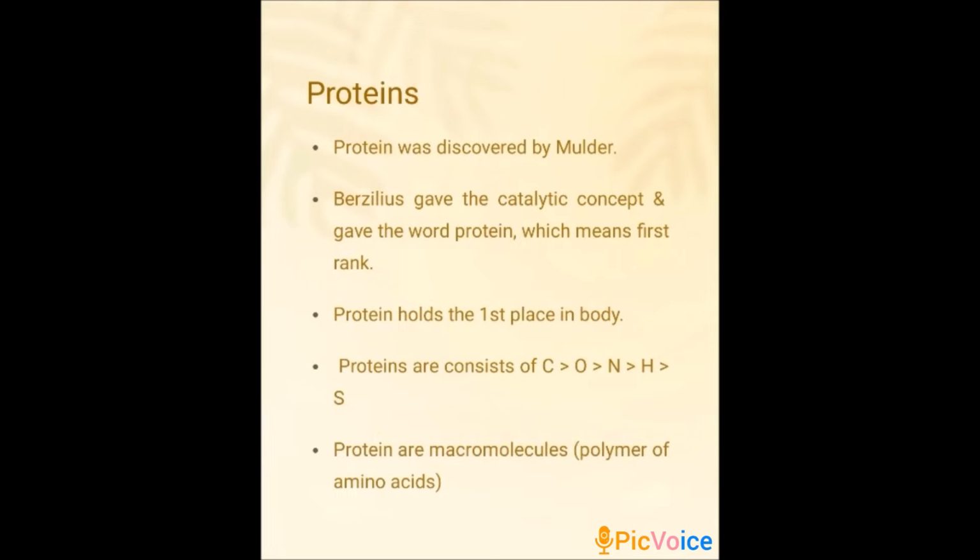After that, protein holds the first place in the body, so that is why he gave the name protein. And protein consists of maximum carbon and then oxygen, nitrogen, hydrogen and sulfur. The maximum quantity is carbon and minimum is sulfur.